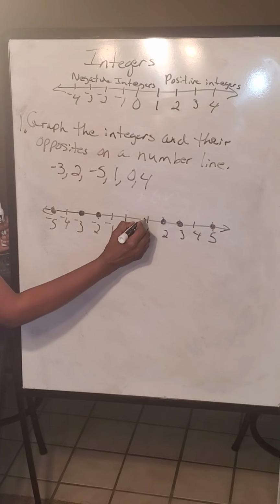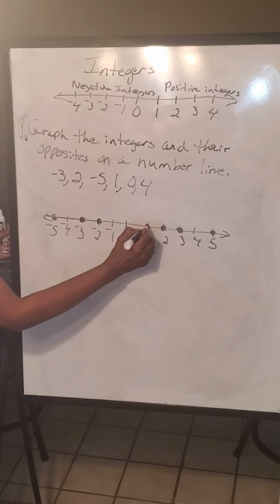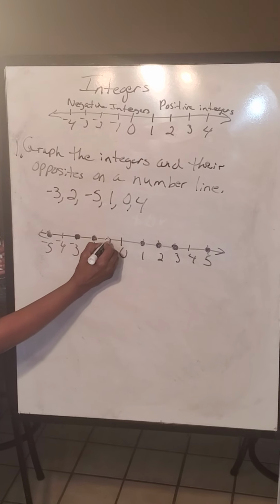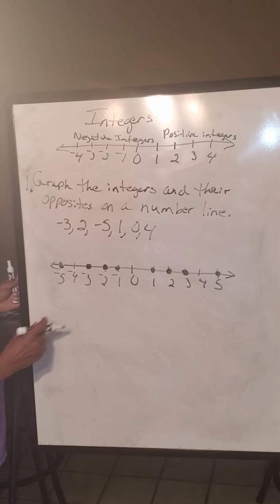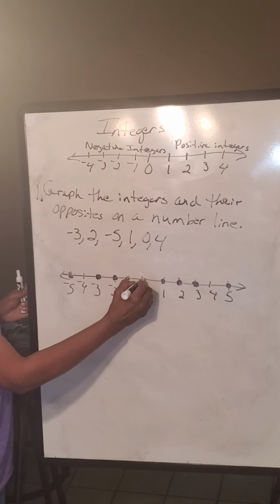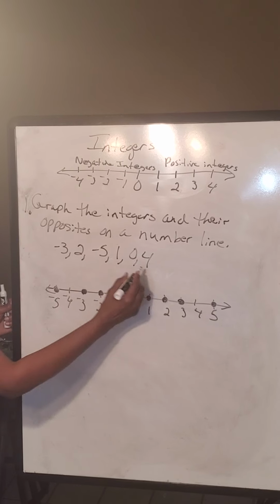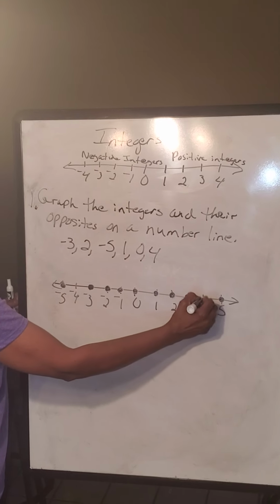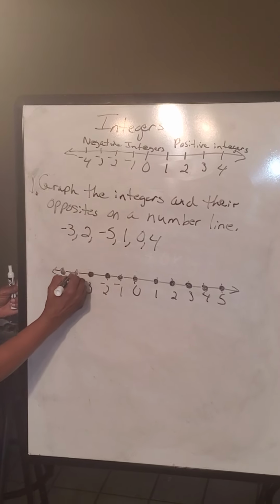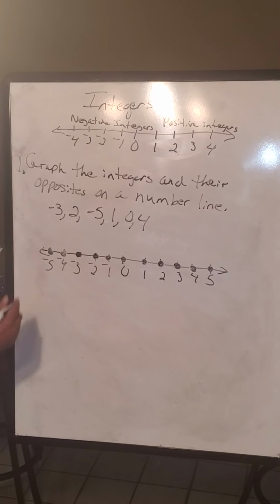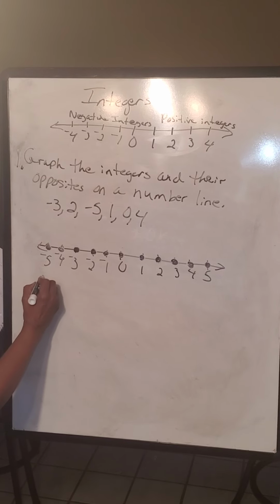Graph 1, put a dot on 1, and the opposite of a +1 is a -1. The opposite of 0 is 0, so I put a dot on 0 and its opposite is 0. And then I have a 4, I'm going to put a dot on 4, and the opposite of 4 is a -4. So make sure that you always read the instructions and follow the instructions.